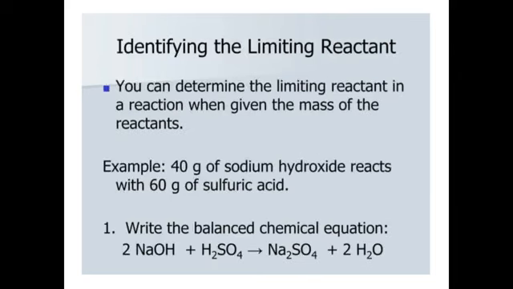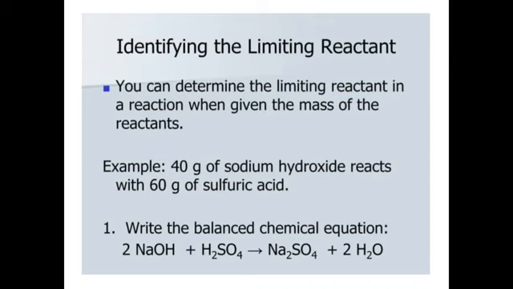Now, how do we identify the limiting reactant? We can determine the limiting reactant in a reaction when we are given the mass of the reactants. Let's take for example, when you have 40 grams of sodium hydroxide reacting with 60 grams of sulfuric acid. If you write the balanced equation for that reaction, you have NaOH plus H2SO4 giving Na2SO4 plus H2O.